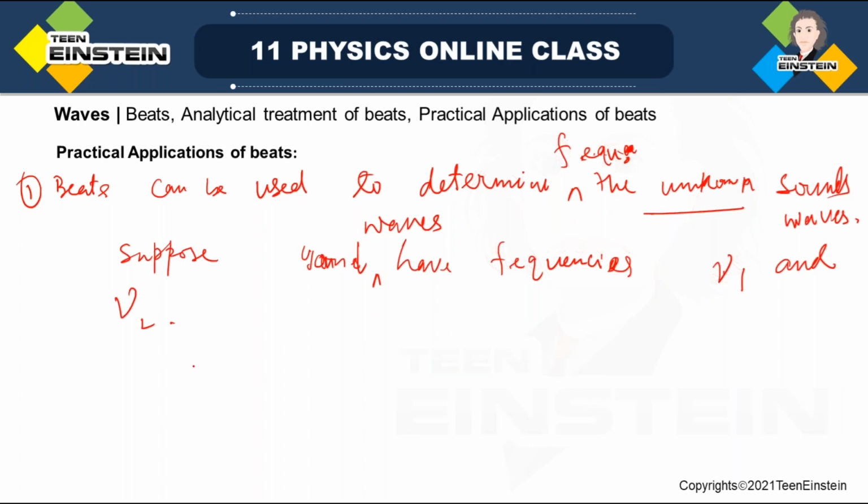And suppose one is known, another one is unknown. You need to measure the unknown frequency.